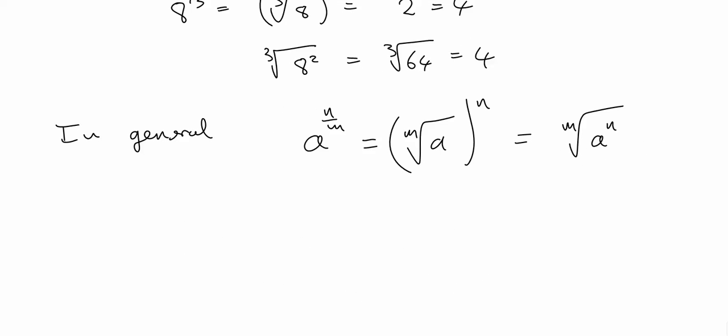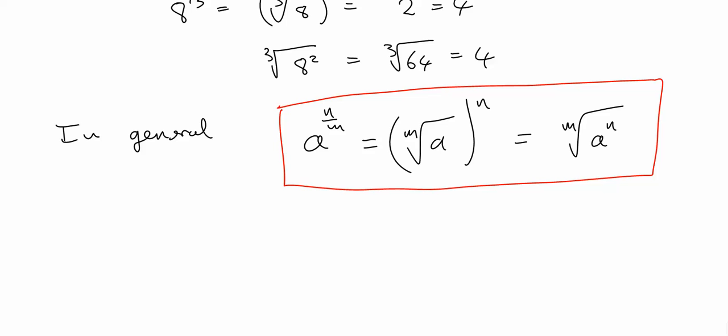So in general, a to the n over m is equal to the mth root of a to the power of n, or the mth root of a to the n. And we must have here a greater than 0.